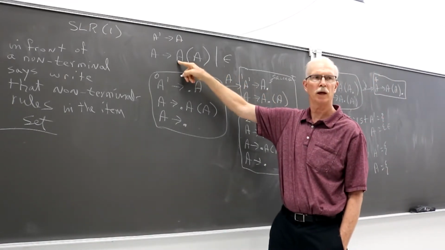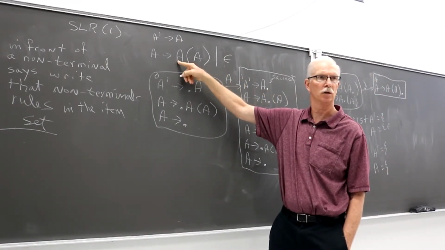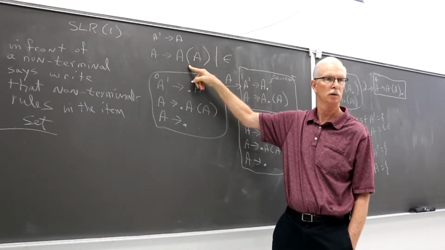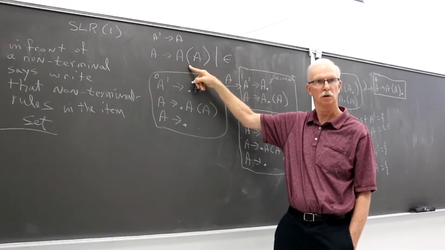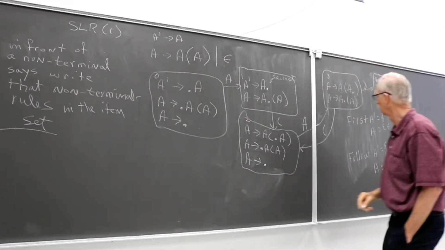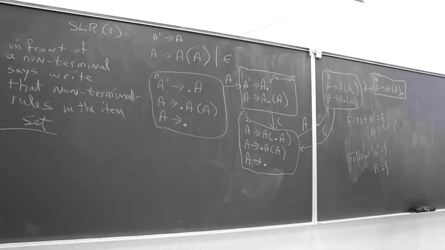Since the first of A is empty, this A can go away, so it can generate a left paren first. The first real token can be a left paren. Well, you know how to do first and follows, right? And so I can get a left paren as the first of A. Well, and so the first of A is the first of A prime, empty and left paren. Okay?